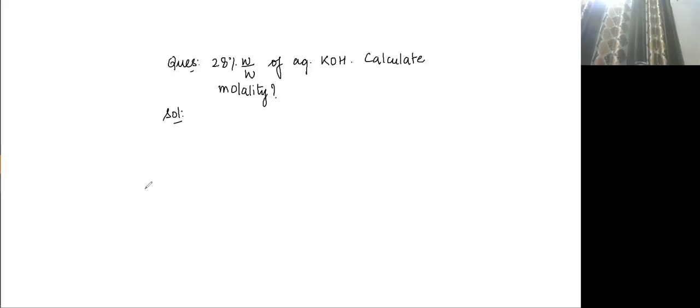Weight by weight is given, you have to calculate molality. What do you mean by 28% weight by weight of KOH? What do you mean by this statement?